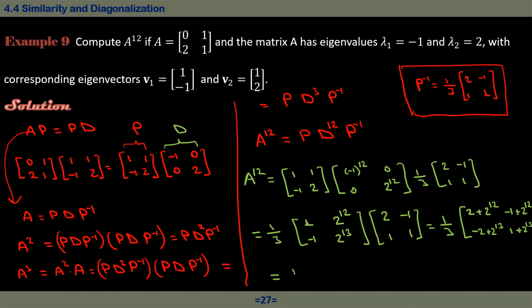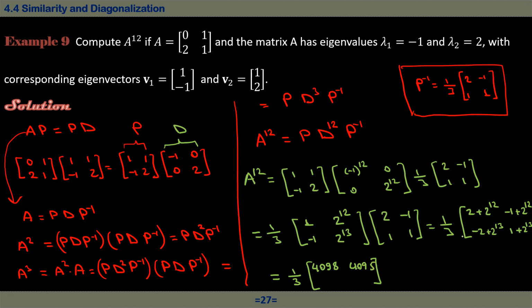So that's equal to, let me just write here, 1 over 3. And here we have big numbers; just evaluate these to the power of 12. Here we have 2 plus 2 to the power of 12, that's equal to 4098. The second one is minus 1 plus 2 to the power of 12, which is equal to 4095.